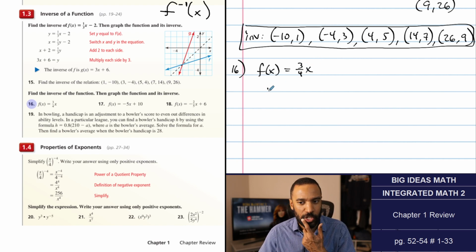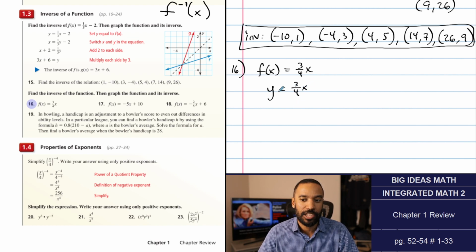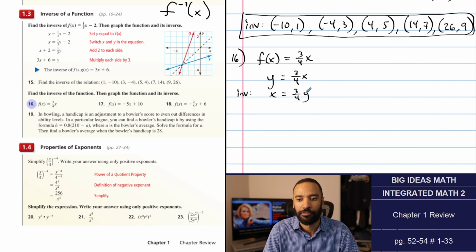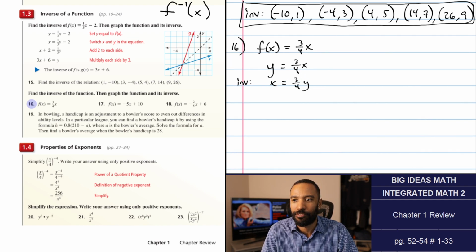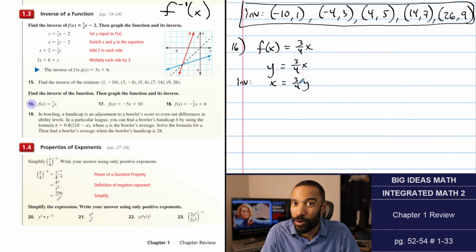First thing you want to do is turn this into a y for flexibility purposes, and the fact that y is no longer going to be a function of x when you swap. You take the inverse, we're going to swap x with y. Now we're going to solve for y. If you have trouble with this fraction, we could divide both sides by 3/4, but we don't write it like that. We're going to multiply both sides by its reciprocal, 4/3.